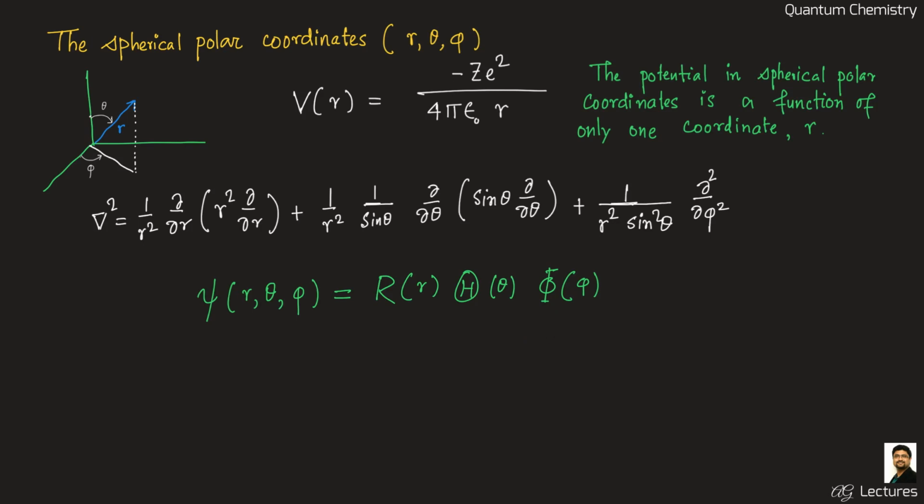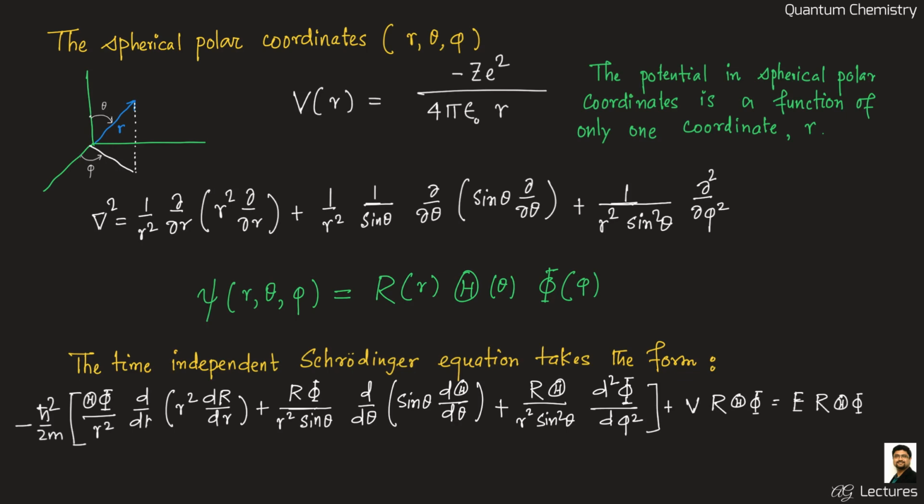Now, next what you need to do is find out these three different functions separately by solving three different differential equations coming out of this original differential equation involving this Laplacian in spherical coordinates and this potential in terms of r, and then we'll get our solution for the hydrogen atom problem.